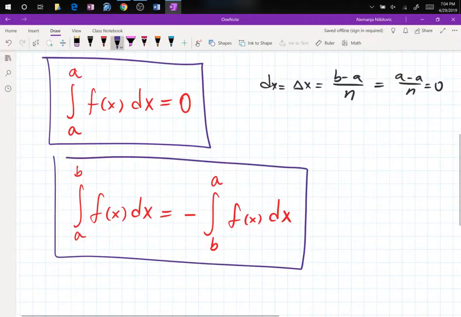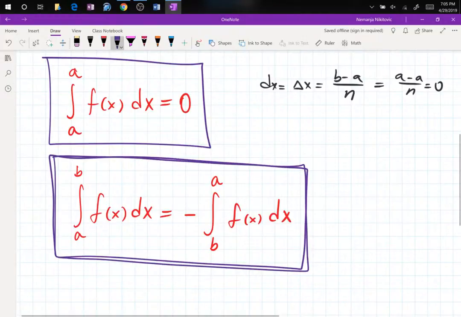So this will pop up in your later coursework if you take more calculus courses. It has to do with substitution and values and so on. So if you need to switch limits, then this minus pops outside and you get to use it.